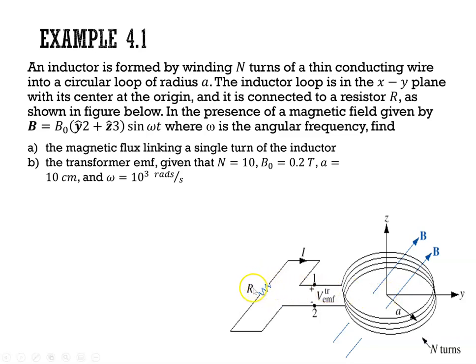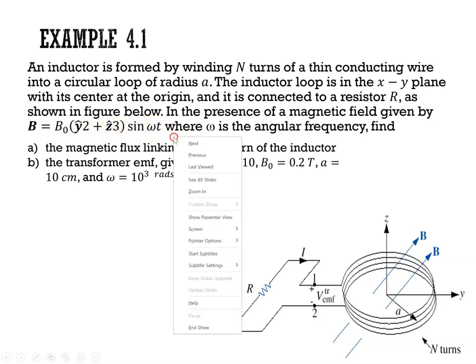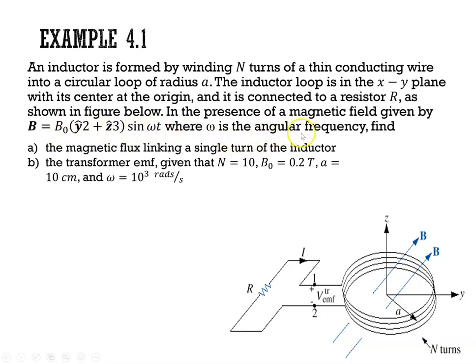So this is the resistor. In the presence of a magnetic field, the magnetic field is going this way. It is given by this equation, B = B0 (2ŷ + 3ẑ) sin ωt, where ω is the angular frequency.